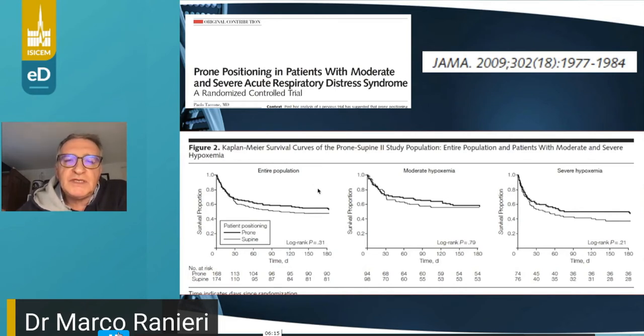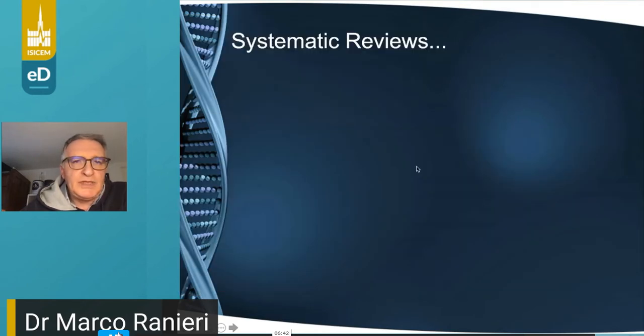However, for the first time, using the information that was acquired in all these previous randomized controlled trials, it was possible to see a trend toward a significant improvement of survival in patients with the most severe form of ARDS, characterized by more severe hypoxemia, while there was no signal in patients with moderate hypoxemia.